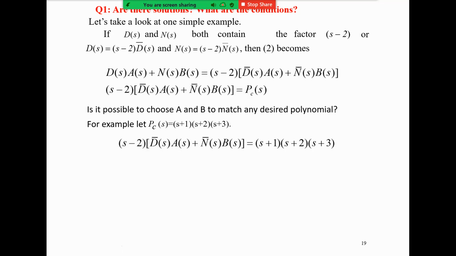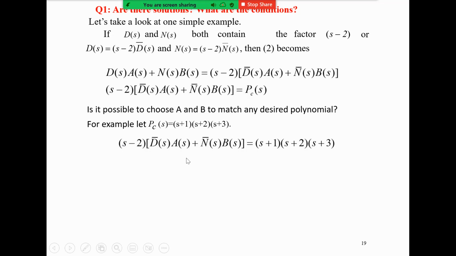Okay, there is no solution. Why? Because on the left side, there is a root at 2. On the right side, there is no root at 2, right? No matter what you do with A and B, it does not affect this root.